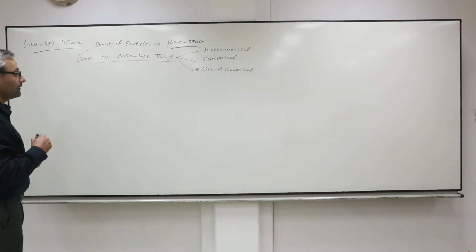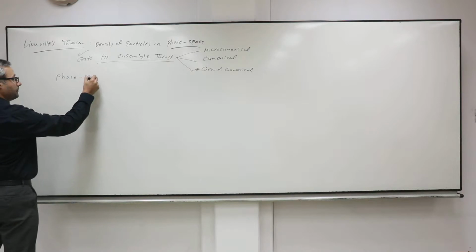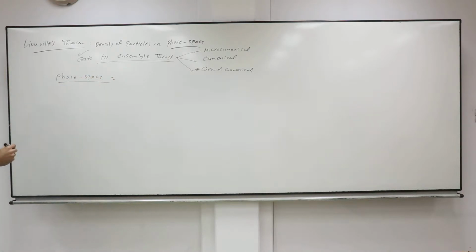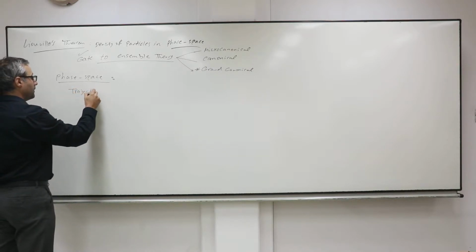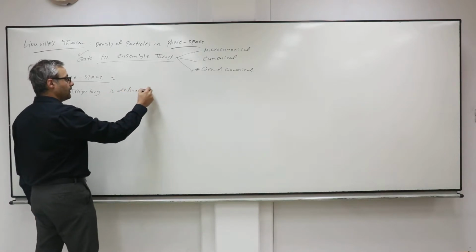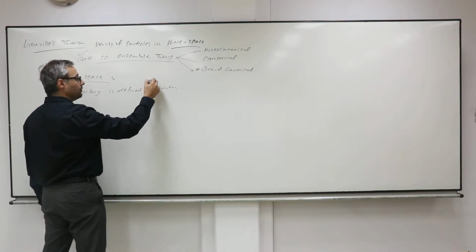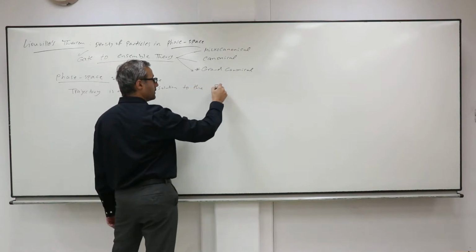So before that, I need to explain the main idea about the phase space. You know, in classical mechanics, the trajectory of the particle is defined as the unique solution to the Euler-Lagrange equation.